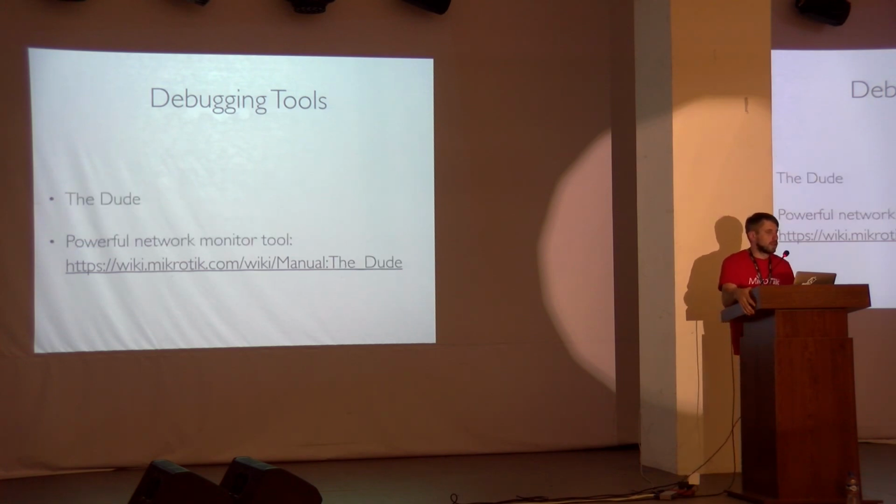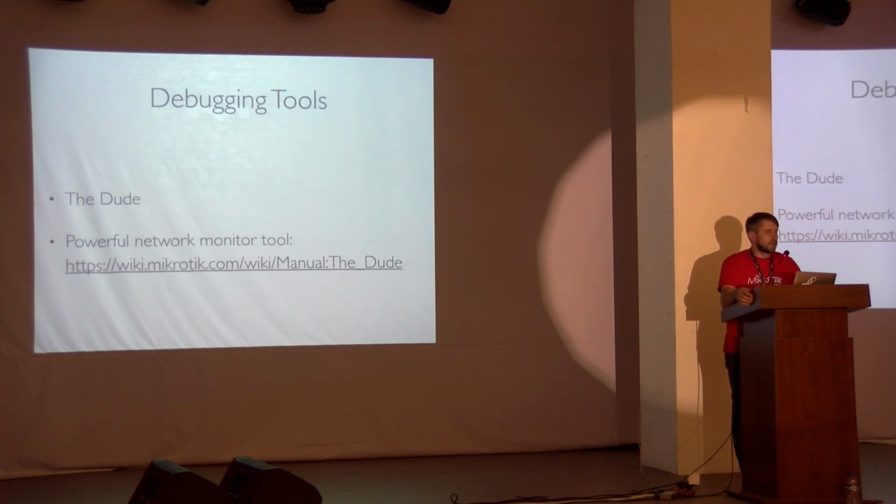Then we have The Dude. The Dude is a MikroTik network monitor tool. It has very different advanced features that you can use for monitoring your network. And by that you can draw diagrams, put a real network map, put all your network devices, all your MikroTik devices on that, and monitor and send some alarms.